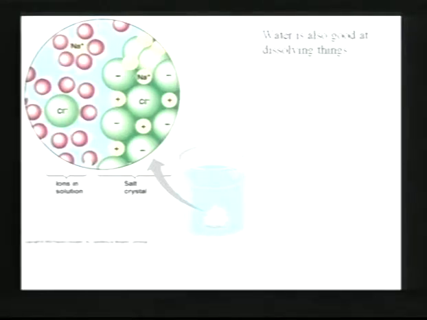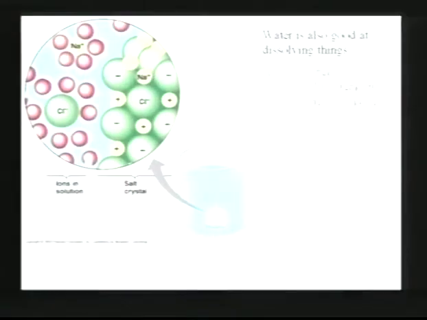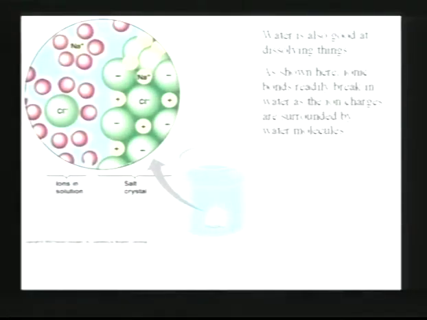Those are breaking away as they get surrounded by water molecules. That's really what's happening. The water molecules surround the ions, you end up getting those ions pulled away from the salt crystal, and eventually that crystal dissolves completely.